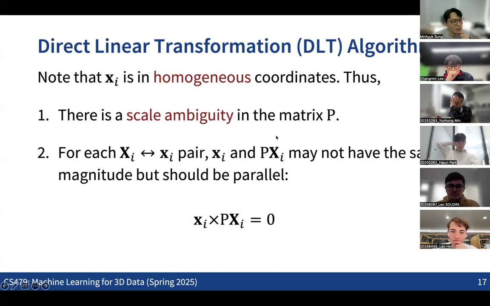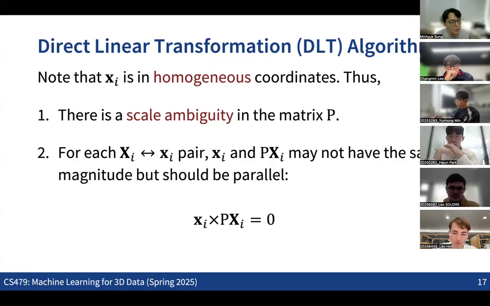So we cannot solve this problem, finding P, by making a linear system where P times the capital X becomes the same as the small x, because there will be some scaling difference. Instead, while there might be a scale difference between these two, what we know is that these two vectors should have the same direction. They may not have the same magnitude, but they should be parallel.